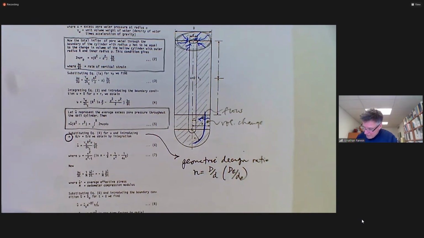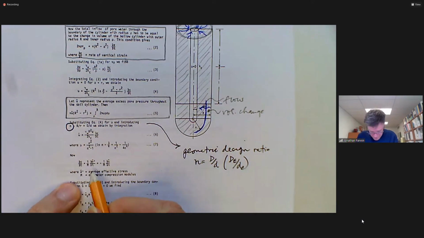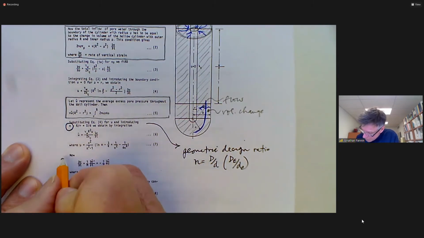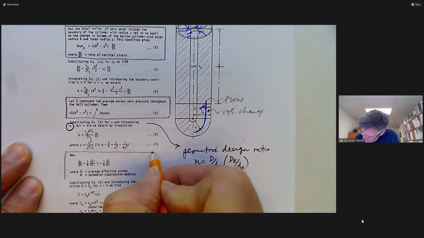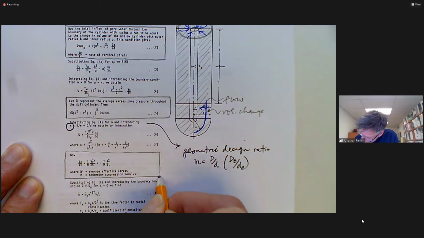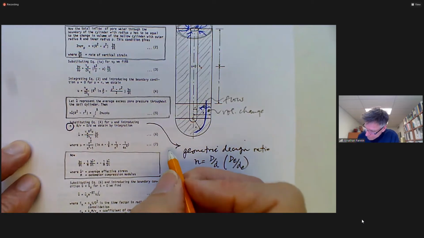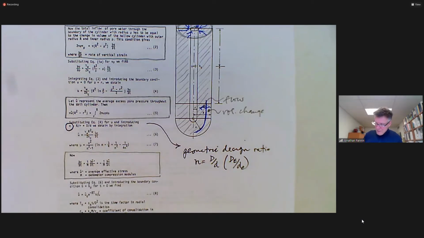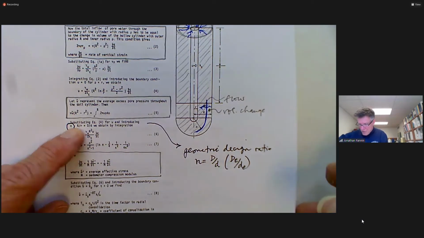And then there's a third one by definition, and it's just to do with a compression modulus and a rate of change of excess pore pressure with time. And time we want to get in here, or Hansbo wants to get in here. So we have this, and arguably we have this definition of this geometric design ratio.